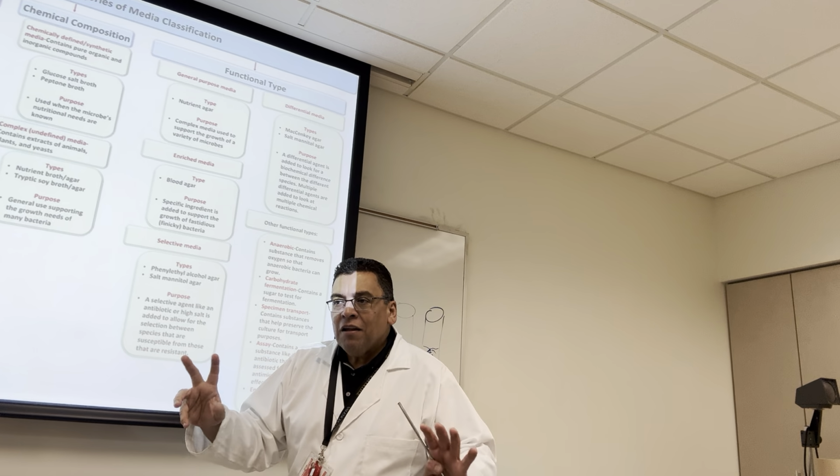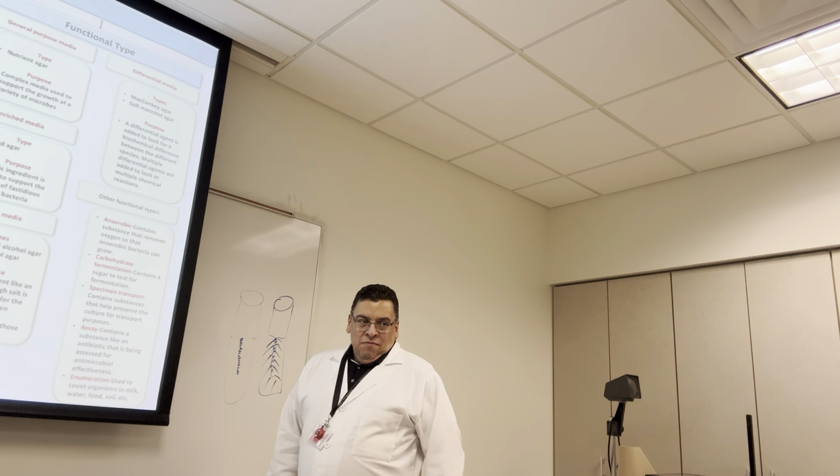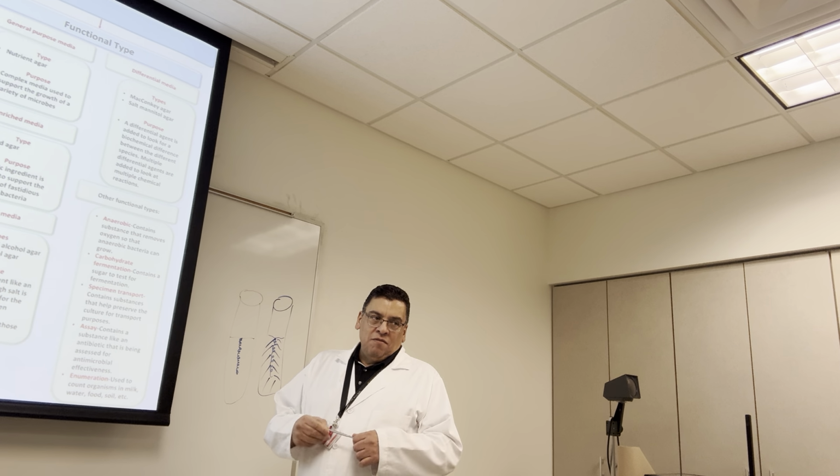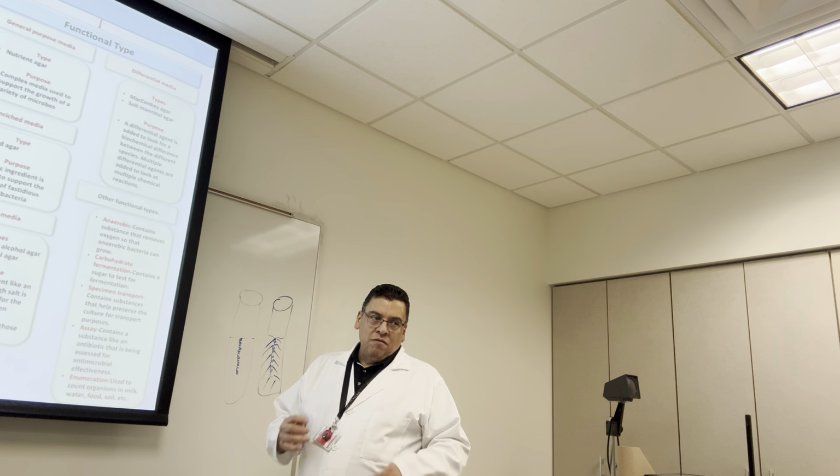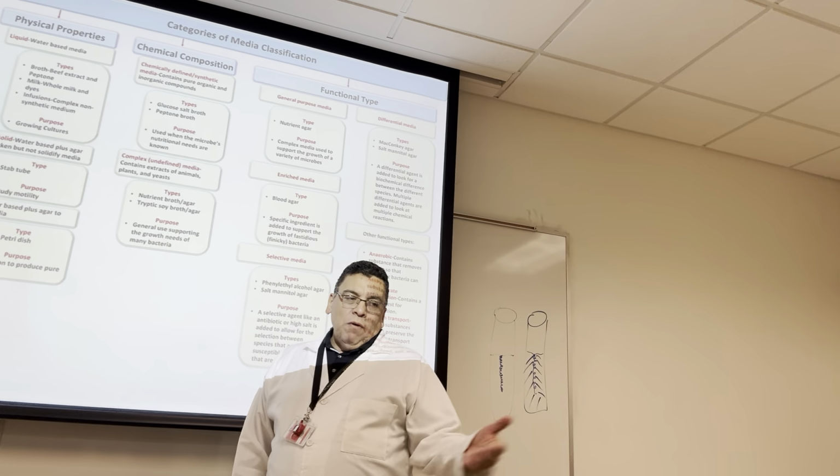So that's kind of like how, in a way, when the lab comes back, it helps choose antibiotics. Like, okay, this is what they were susceptible to, this is what they were resistant to, and then the doctor says, okay, this is what I'm going to prescribe. If they know what you're sick with, they kind of know what to send you.